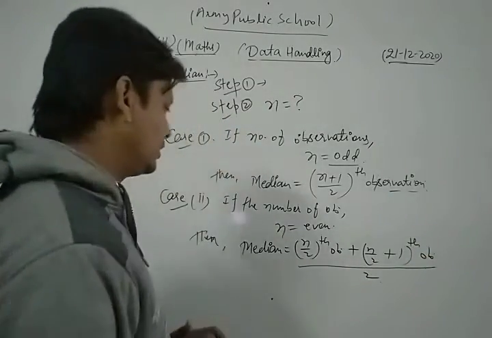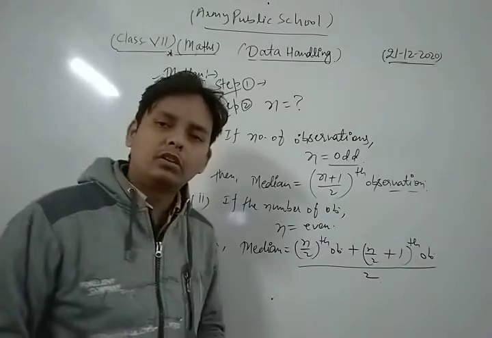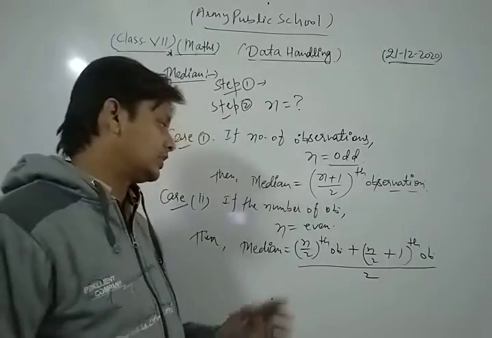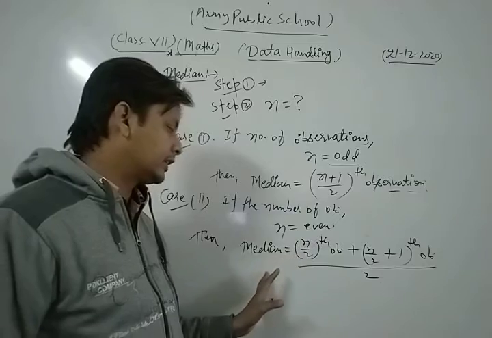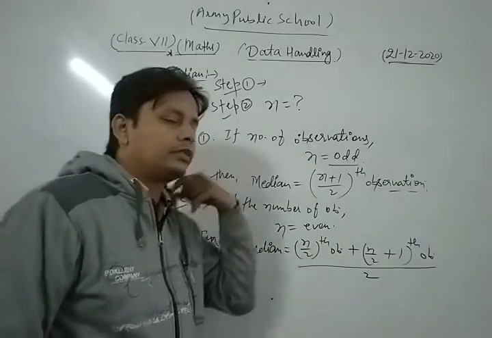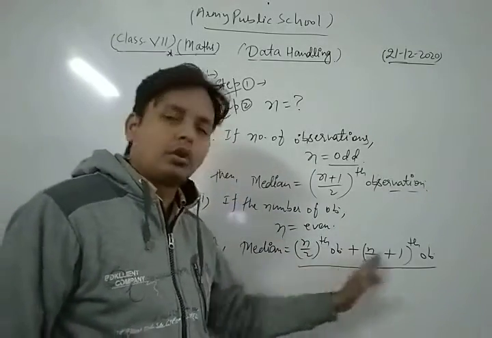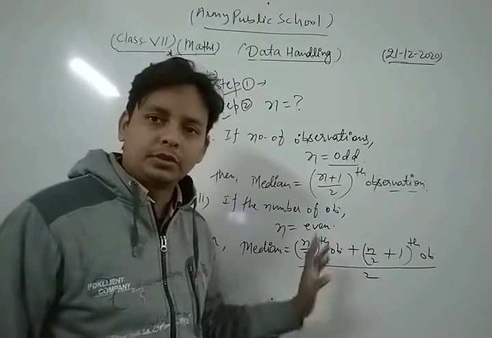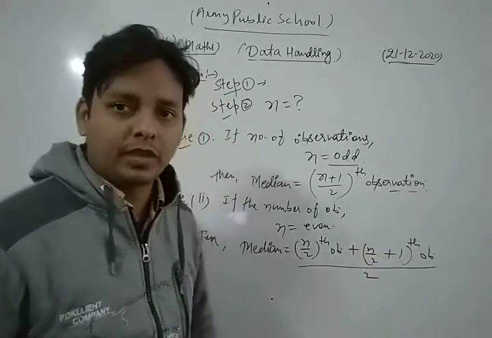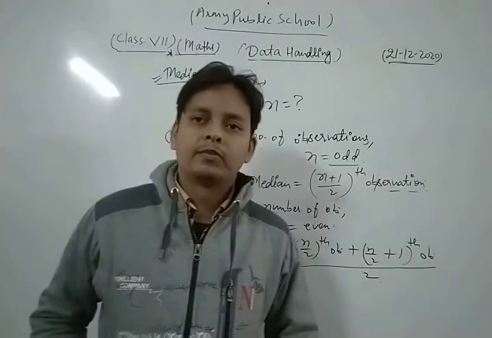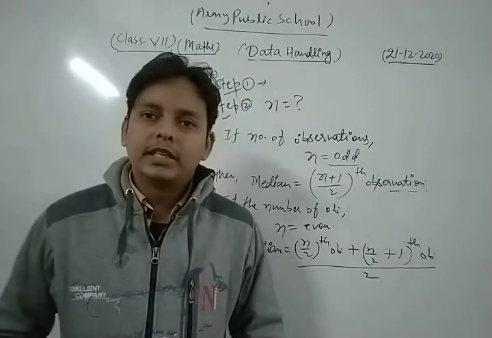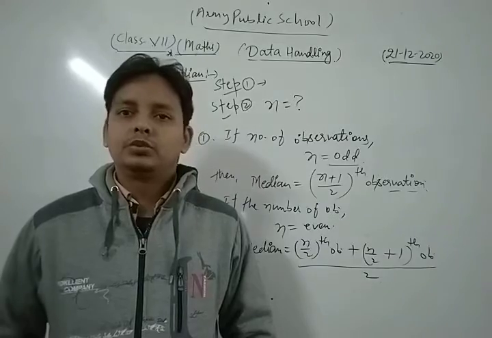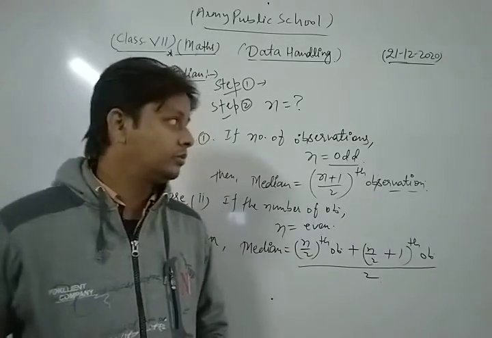So when the number of observations is even, the median will be the mean or average of these two observations, that is, the sum of these two terms divided by 2. Thus in this way we clear the concept of median and discuss both cases related to the median.